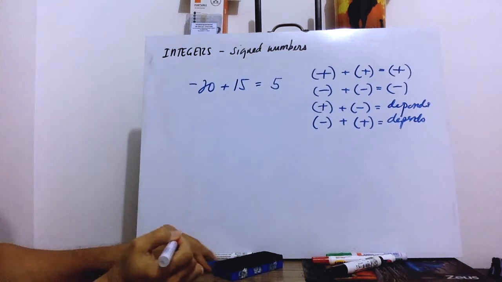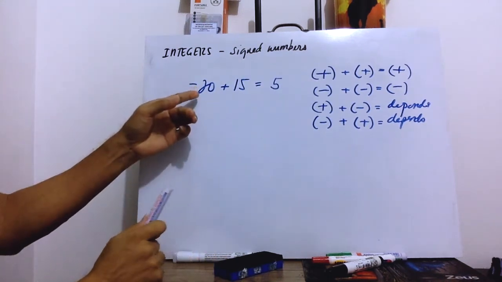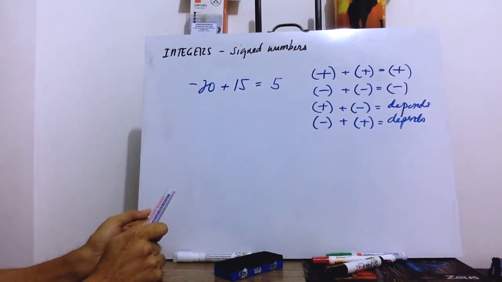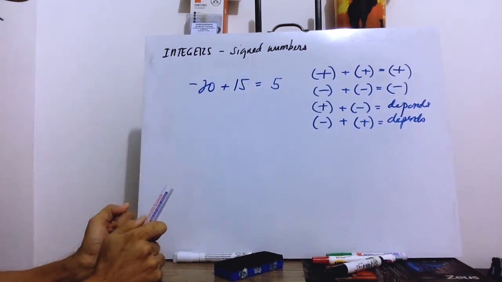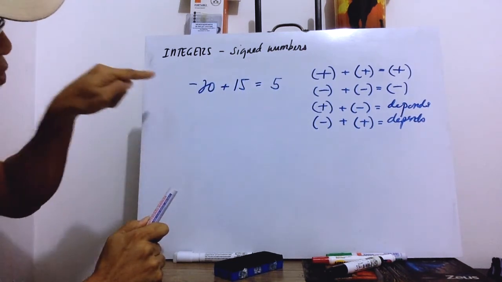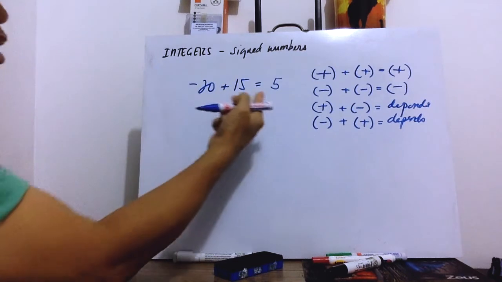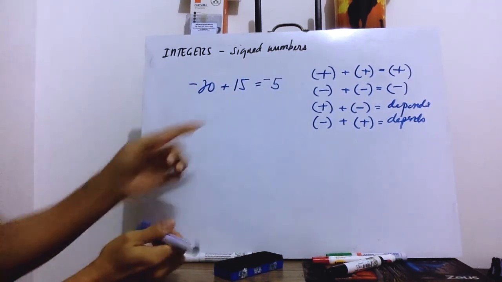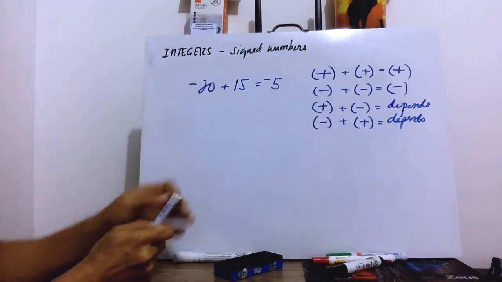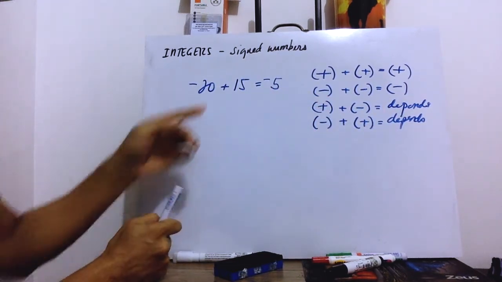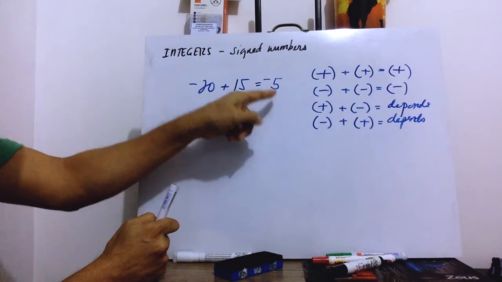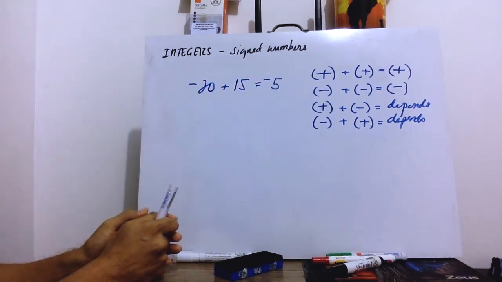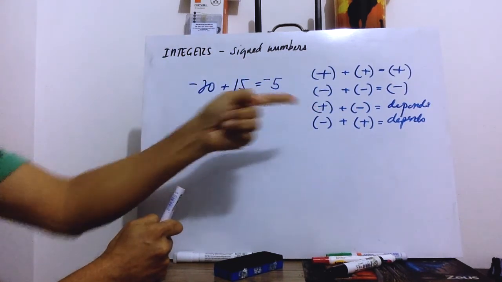Next, which is higher, 20 or 15? It's 20, and the sign of 20 is negative, so the sign of our sum is also negative. So the sign of your sum will depend on the sign of your larger number.